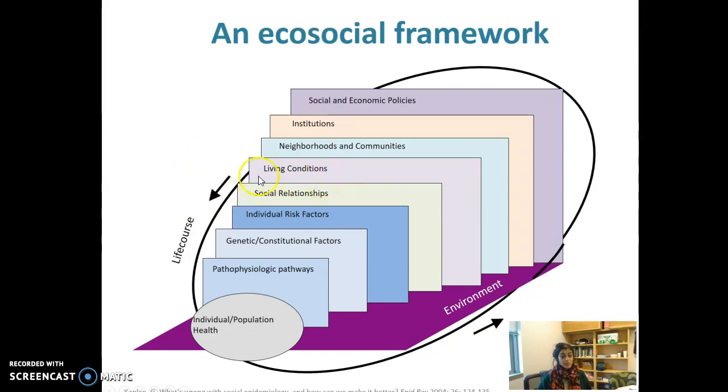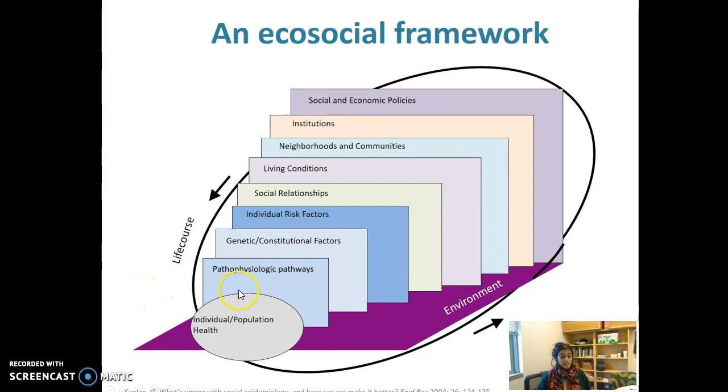So this is very important too. Individual risk factors. So my own diet, my own exercise, my own habits, those are more individual risk factors. Genetic and constitutional, what we're born with.